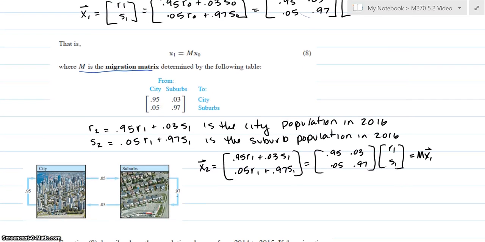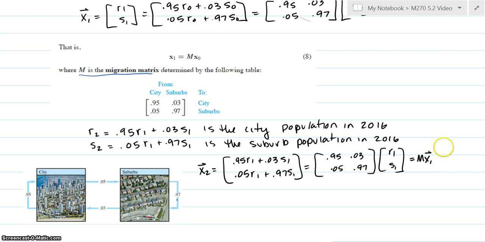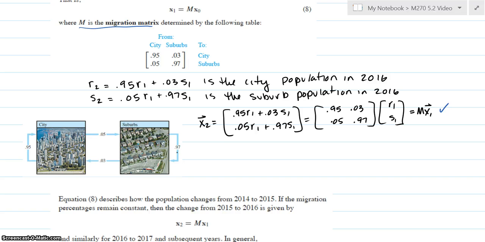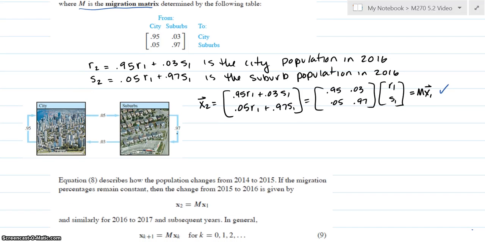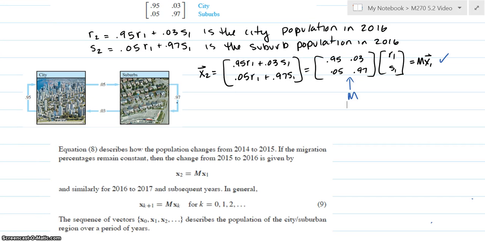So we can do the same exact equation for x2, and you can see that we have a difference equation. There is x2. Or in general, x sub k plus 1 equals M times x sub k, where M is our migration matrix. So there is our M. The sequence of vectors x0, x1, x2 describes the population of the city-suburb region over a period of years.